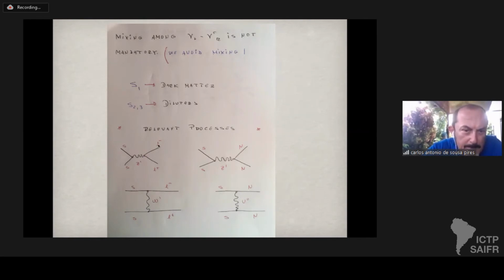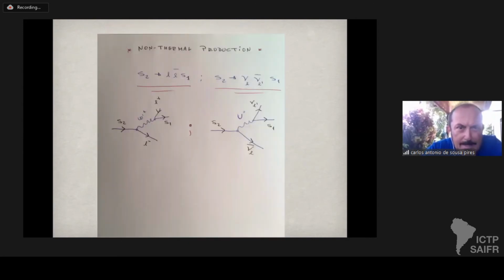L here are the standard charged leptons. These are the neutrinos, okay? That's all you need to know. That's all you need to go ahead. And for the non-thermal production, you have this decay here. So we cannot avoid this decay. So you always have the thermal production, okay?